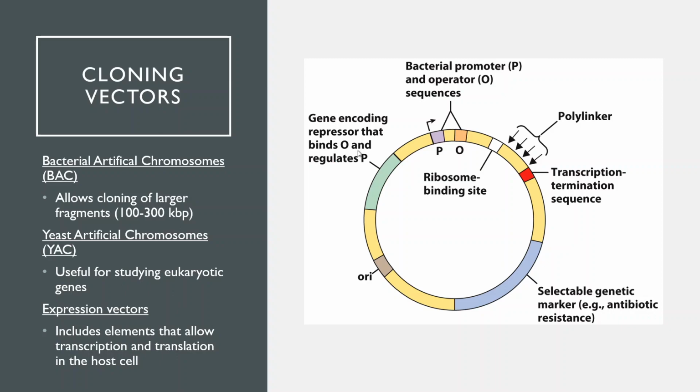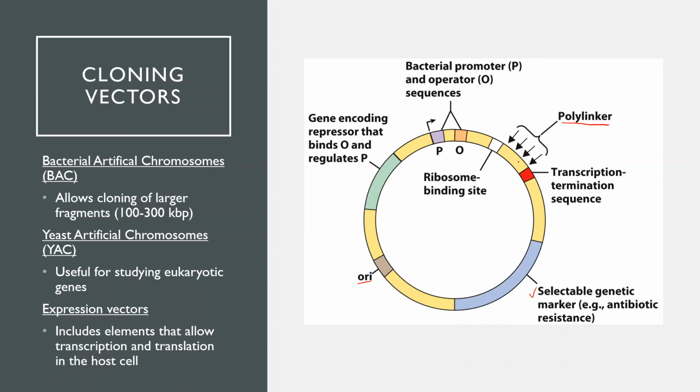The expression vector is basically the same as a cloning vector, except that in addition to your origin of replication and your selectable markers and your cut sites, sometimes the cut sites, restriction enzyme sites in a clone or in a plasmid or other kind of vector are grouped together in a region called a polylinker, basically just a stretch of bases that have a bunch of restriction sites back to back.